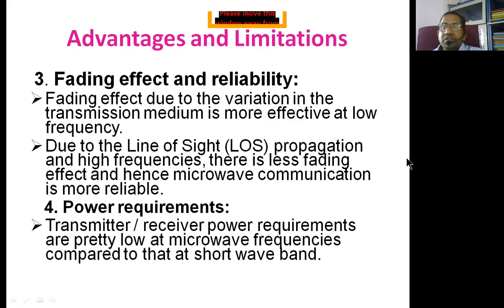As the frequency becomes low, the fading effect is going to be more in electromagnetic radiations. Due to line of sight propagation and high frequencies, there is less fading, and hence microwave communication is more reliable, because it involves line of sight propagation with high directivity.